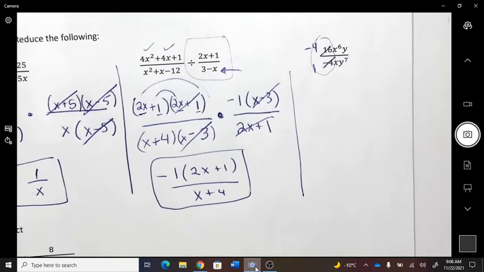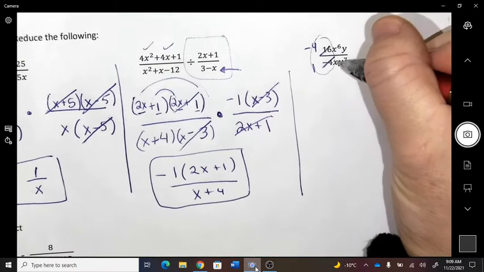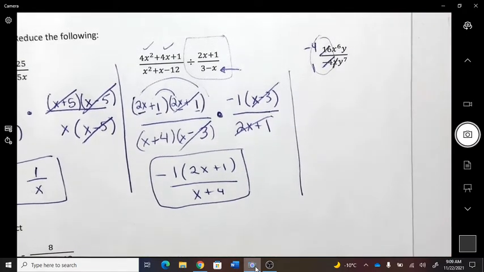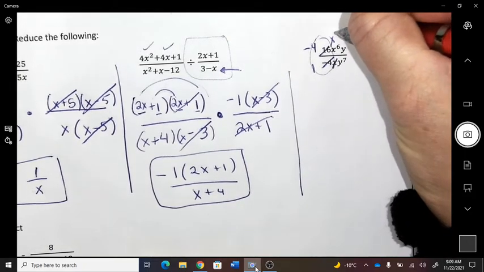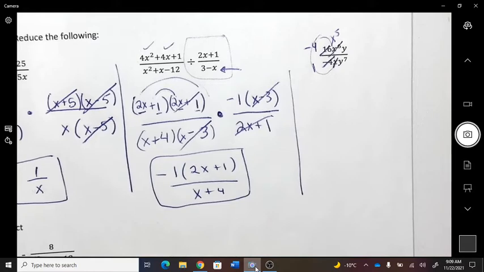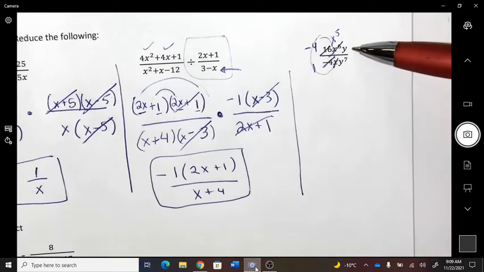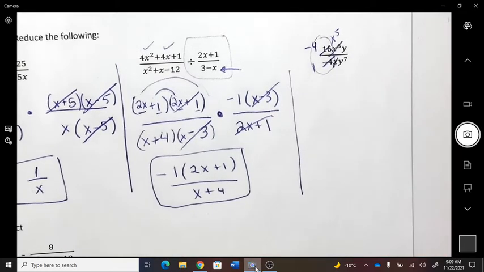How many x's could you possibly divide out? 1x, right? So this x would cancel to 1. And x to the 6 would become x to the 5th. y7, I can cancel a y out.